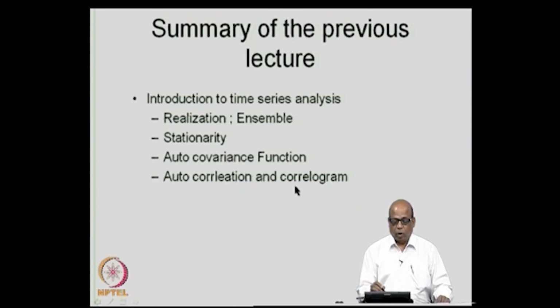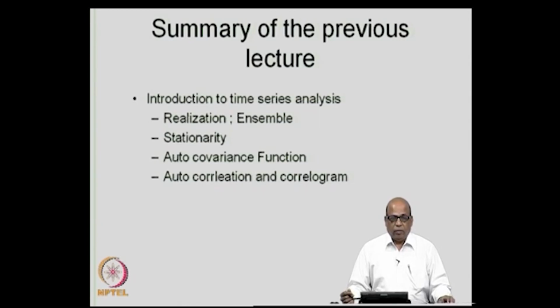That plot is called the correlogram, and the correlogram, if you recall, indicates the memory of the process, that is, how far into the past the process remembers. So, rho k indicates the dependence of x t on x t minus k or x t on x t plus k, depending on how we compute it.